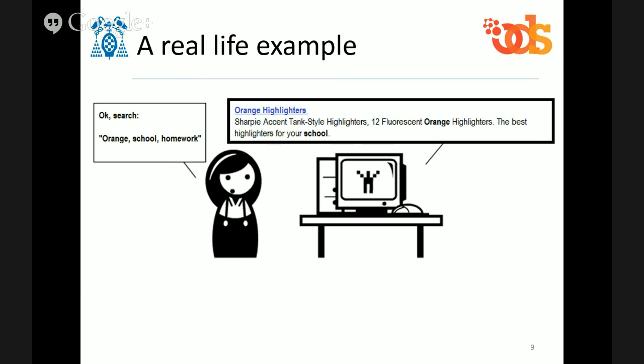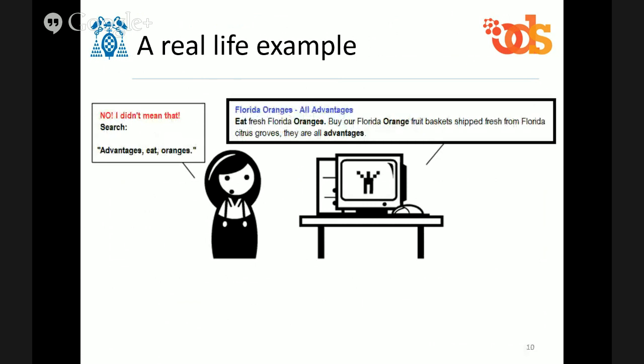to make a further search. And well, she is not lucky either, and tries with different words like advantages of, she tries to look about the advantages of eating oranges, and puts there the word advantage, eat oranges, and once again she got some strange results.